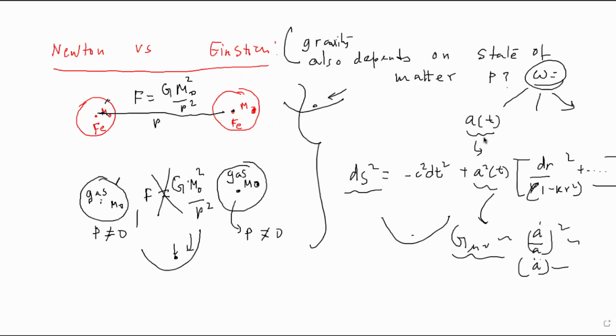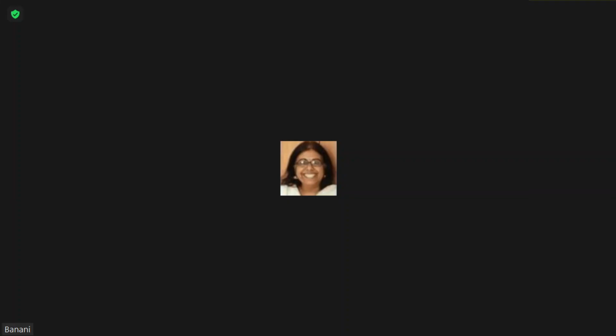So now we are going to enter a very important calculation today. Are you all ready? The concept of horizon and some problems with this Big Bang cosmology and why we need inflation in the beginning.